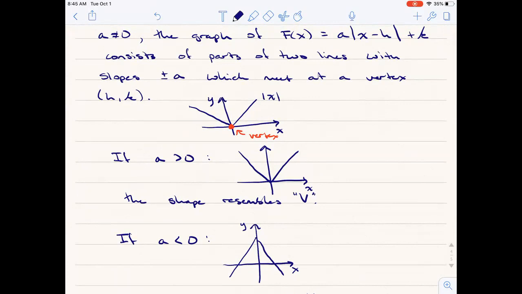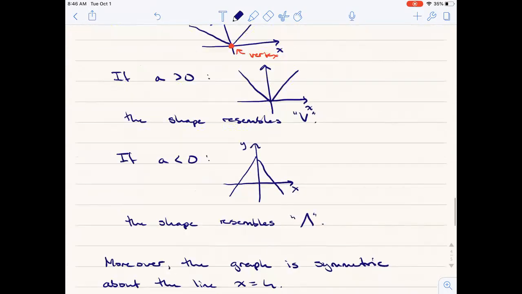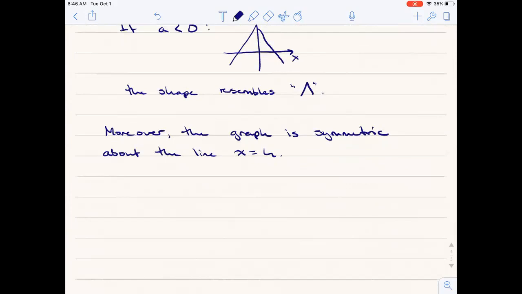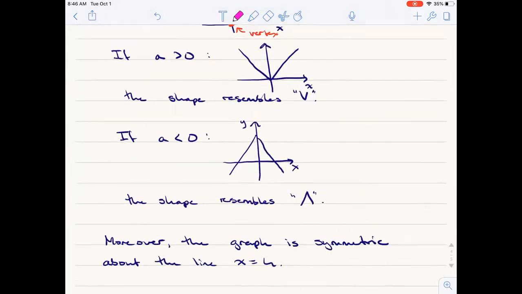But if the V point is at h, then of course that's where the line of symmetry is. Okay. Put a box around this. See how much I can get in there.